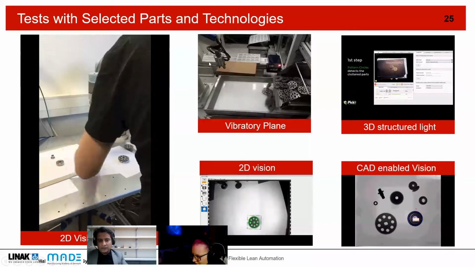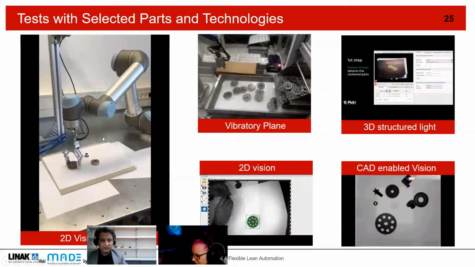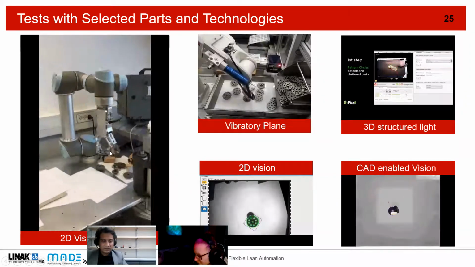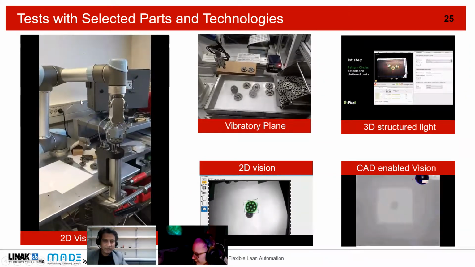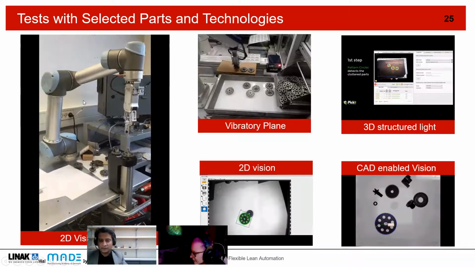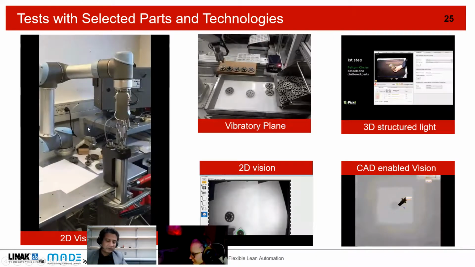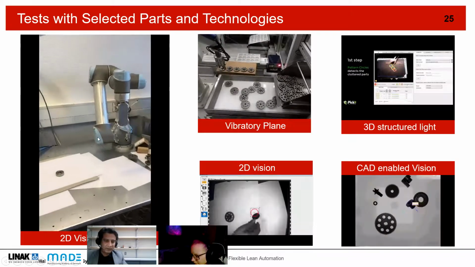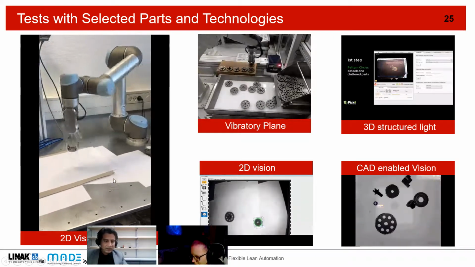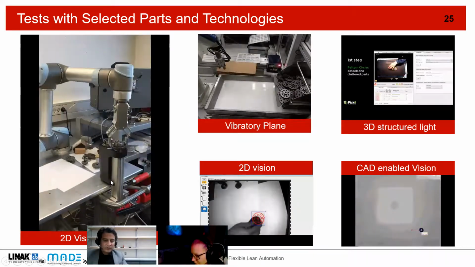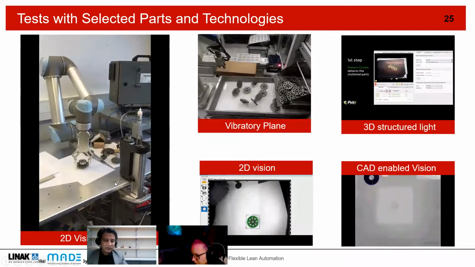Okay, I skipped this. And here you can see the robot now. Actually all are playing at once, but just look at, for example, this first one on the left side. Here you can see that we place different components in front of the robot.